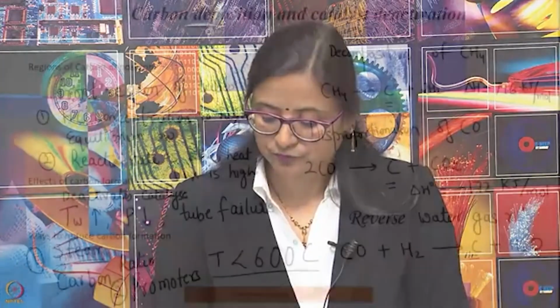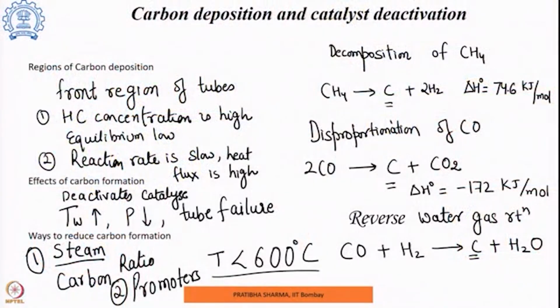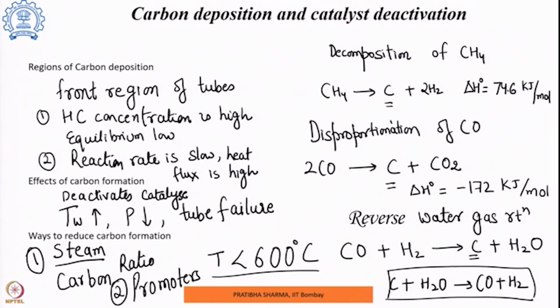These promoters provide the required basicity to the catalyst, because acidic surfaces are more prone to the decomposition of methane. So they provide the required basicity so that the carbon which is being formed undergoes the gasification reaction. So this carbon can undergo gasification. This is a method by which we can remove the carbon formed.